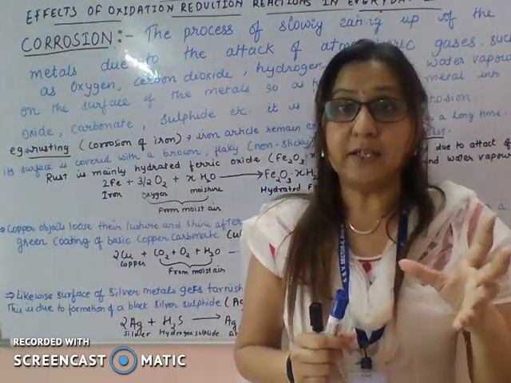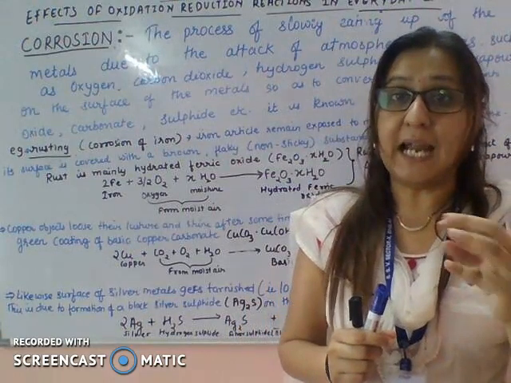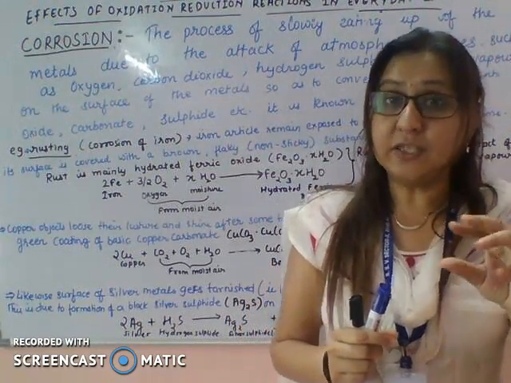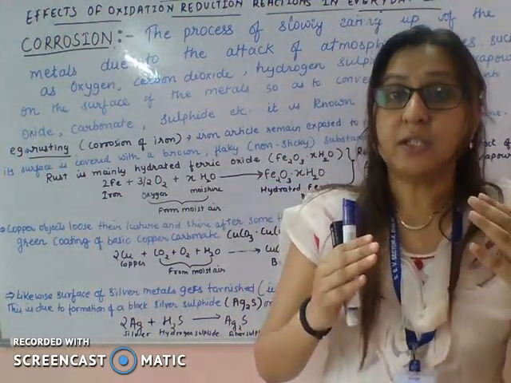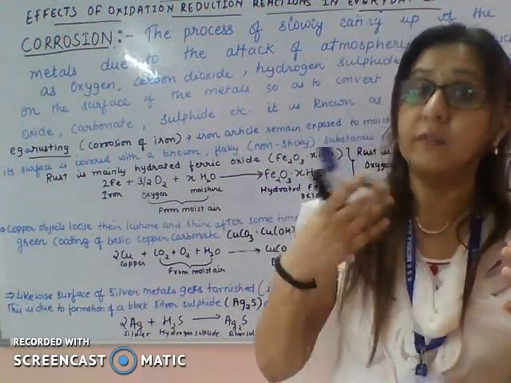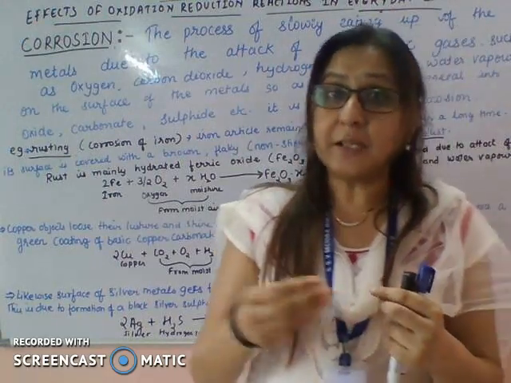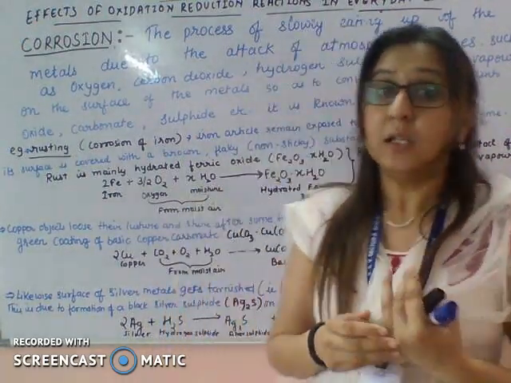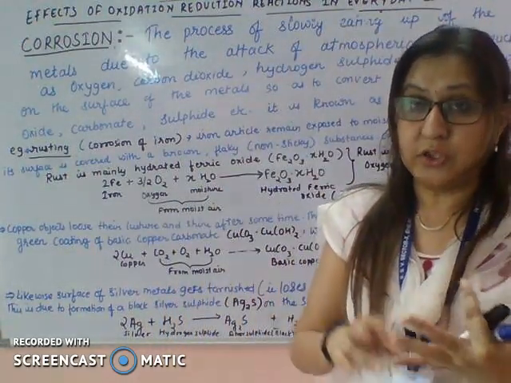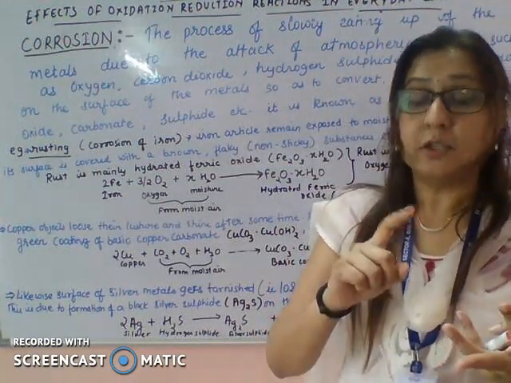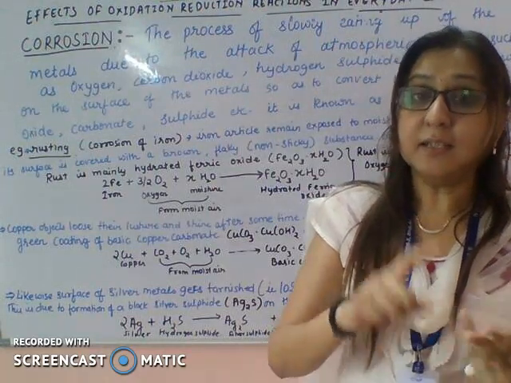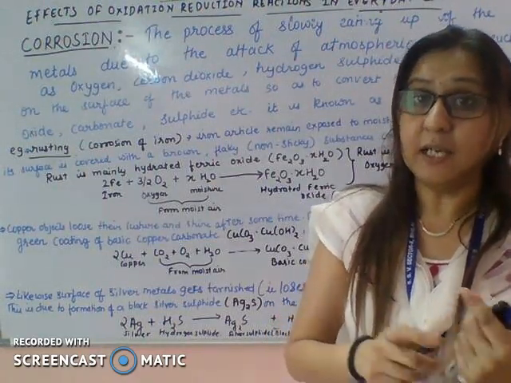You are passing electric current to an object and covering it with a metal surface, which prevents further rusting. So these are the preventive measures you can take to prevent corrosion: painting, oiling, greasing, galvanization, electroplating.